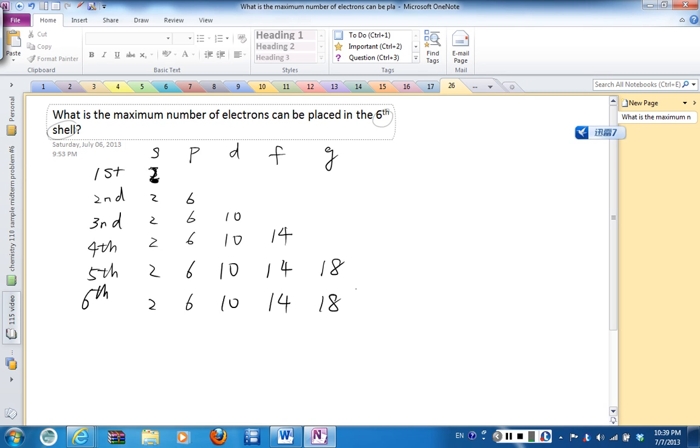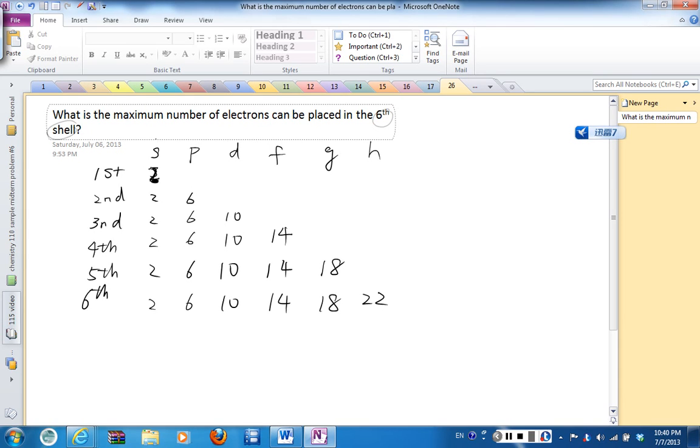If we're going to have a further subshell, let's just say it's h. Sixth shell would have it. And supposedly, as your quantum number changes, your h orbital could have up to 11 different individual orbitals and can accommodate 22 electrons.